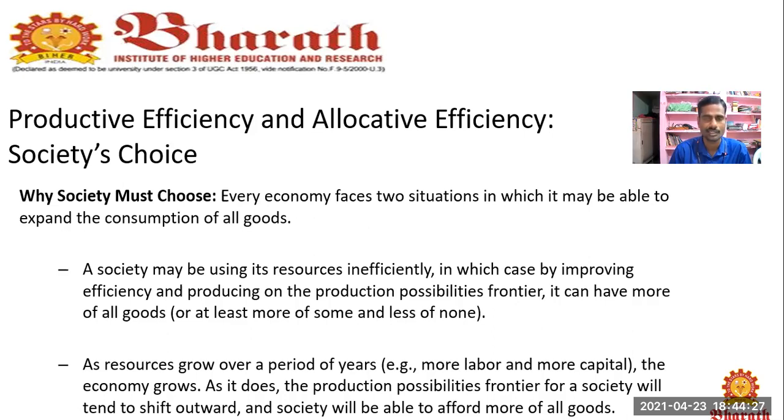So society usually wants to increase consumption. Here, a society may be using its resources ineffectively, in which case, by improving efficiency and producing on the production possibility frontier, it can have more of all goods.